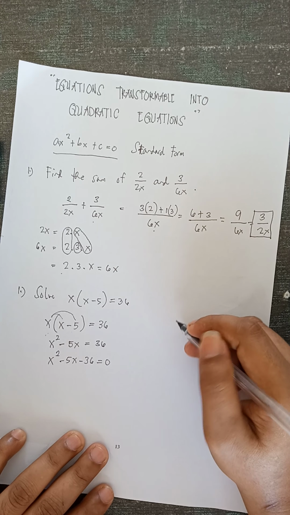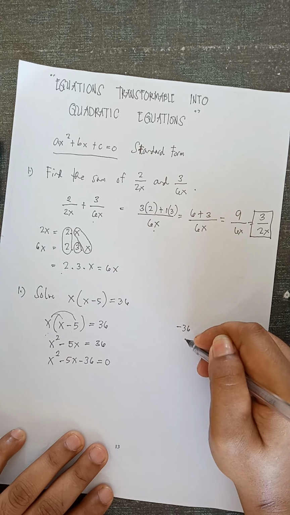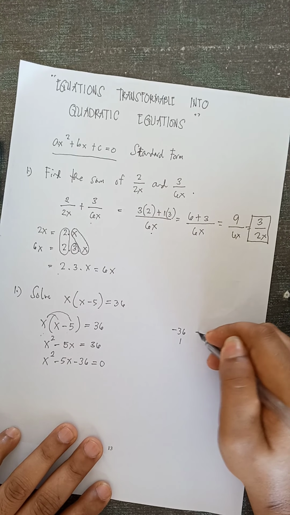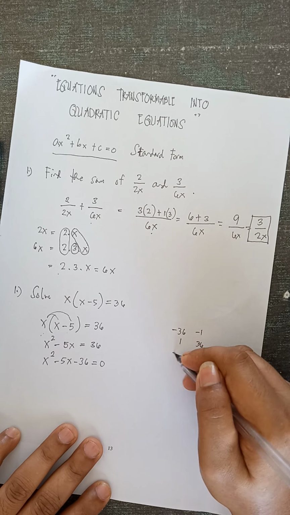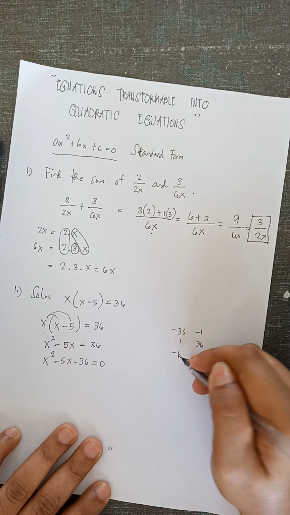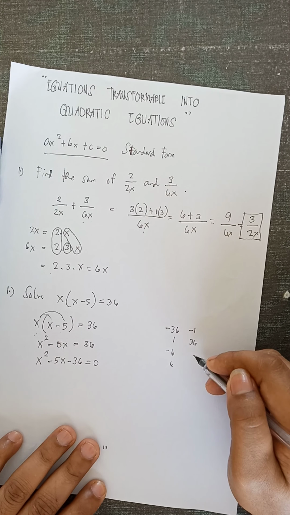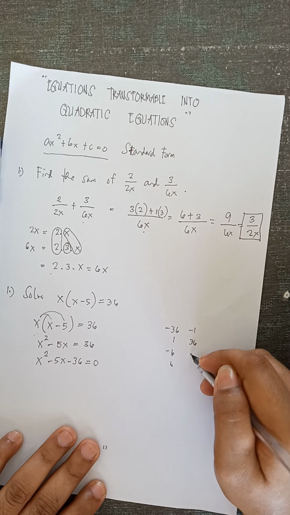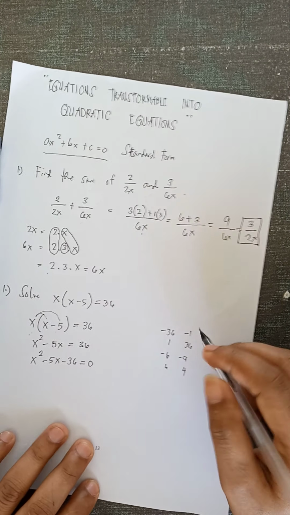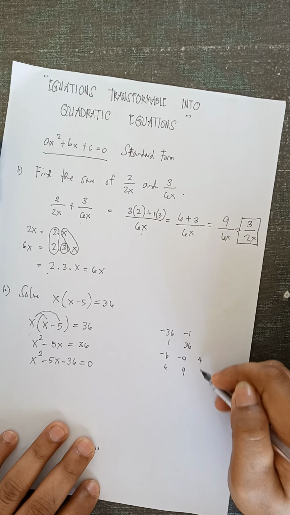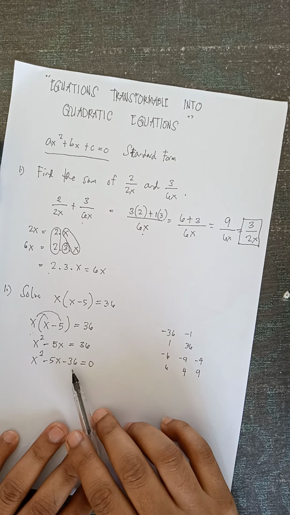The factors of negative 36 are negative 36 and 1, or negative 1 times 36, or negative 6 times positive 6, that will become negative 36. Also negative 9 times 4, or negative 4 times 9. So those are the factors of negative 36.